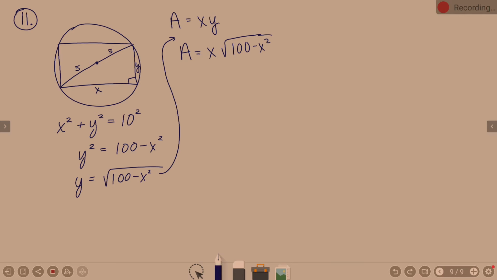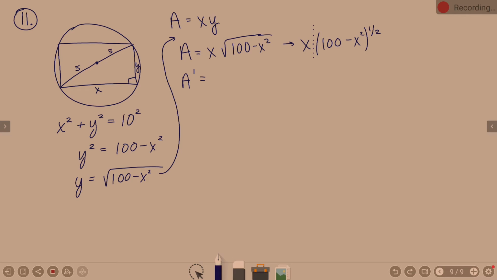In order to maximize this, we need to take the derivative, yes? As we get ready to think about the derivative, this is x. What do you know about a square root? A square root is a power raised to the 1/2. So you could also think about it as x times that quantity raised to 1/2. How do I take that derivative? Yep.